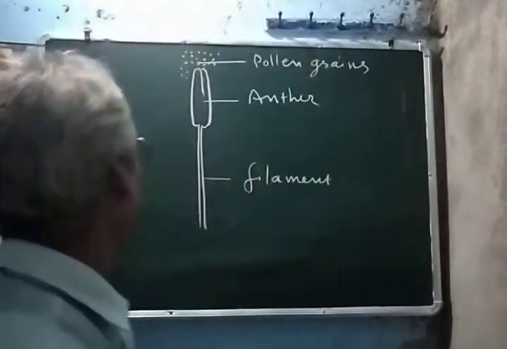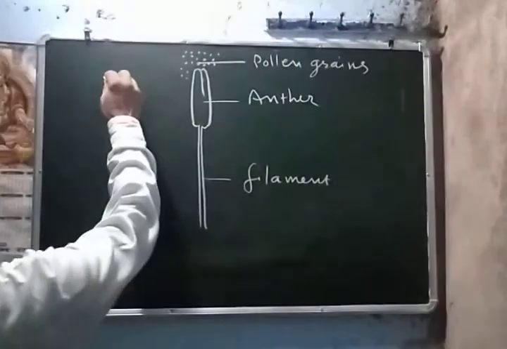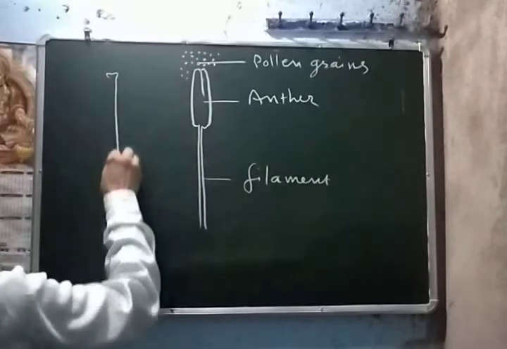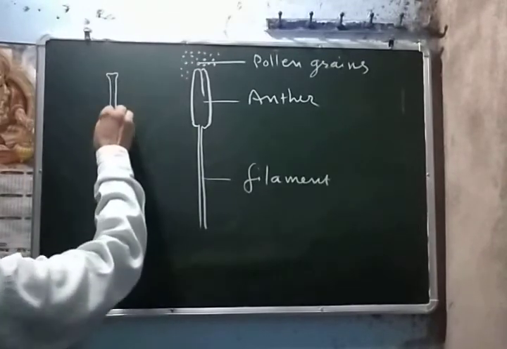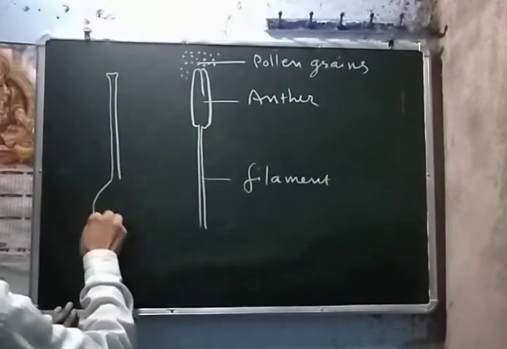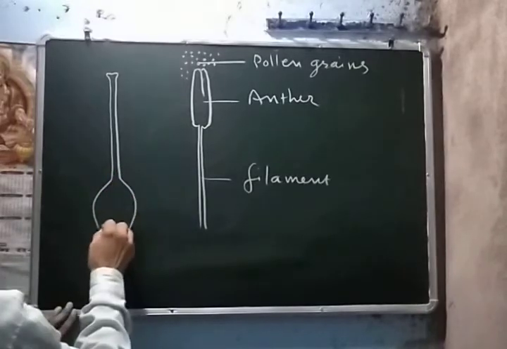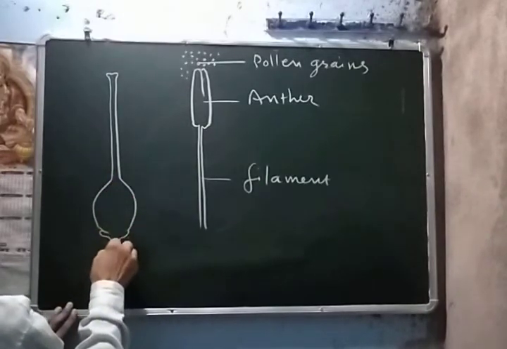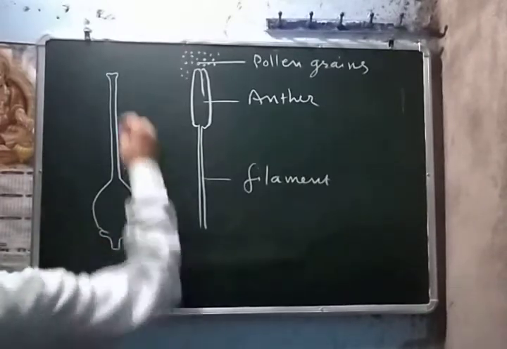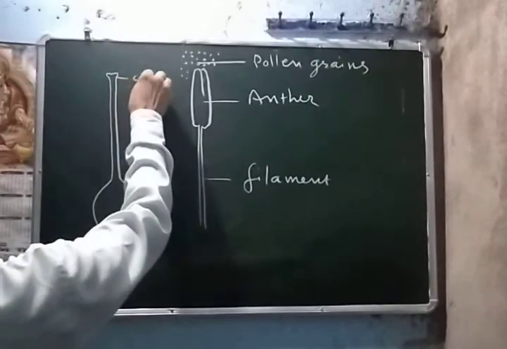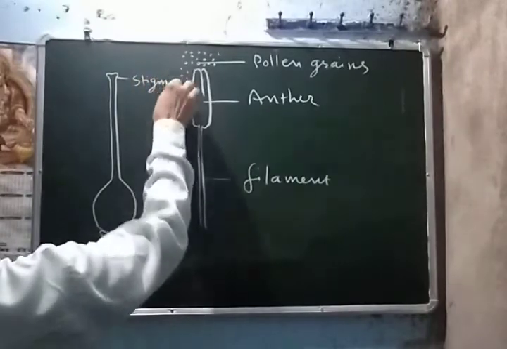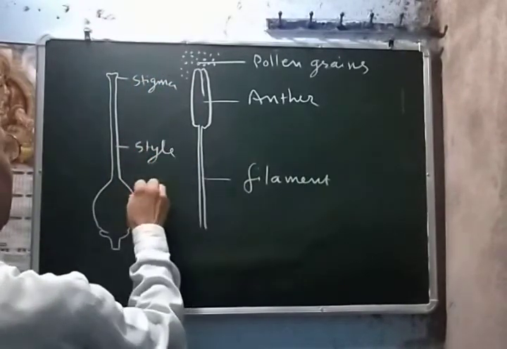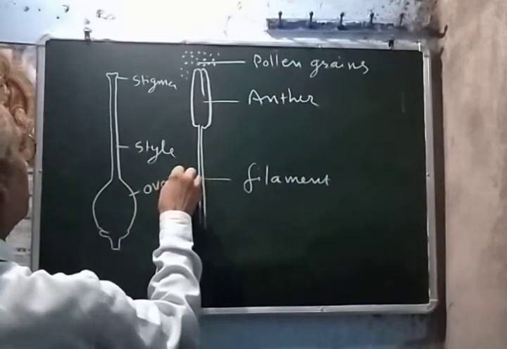And in the female part, which is the pistil, there are three parts: stigma, style, and ovary.